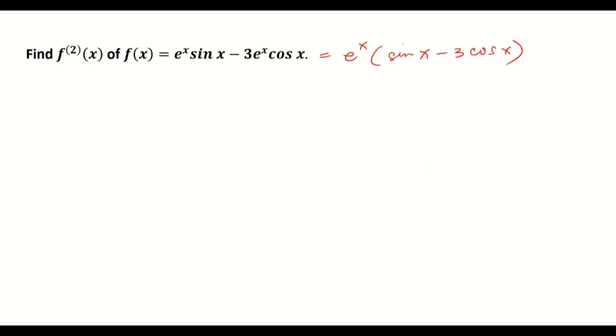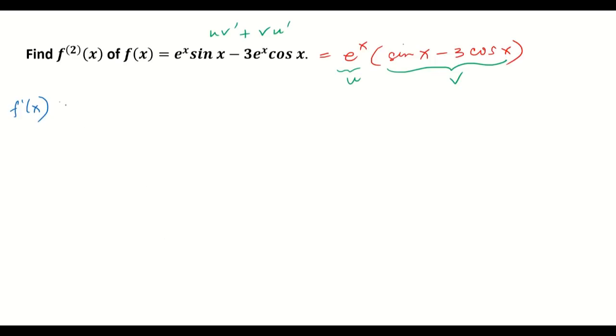And then we can apply product rule to get the first derivative. So let's say this is our u and this is our v. So again, we would be using product rule u and then v prime plus v times u prime.